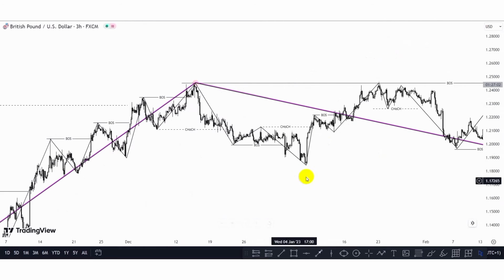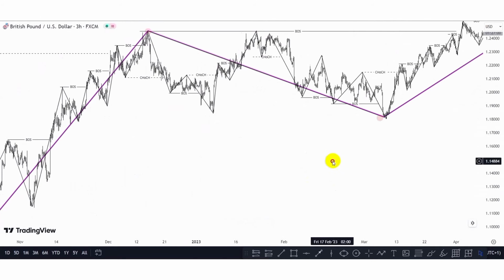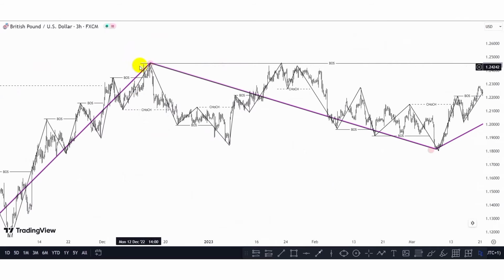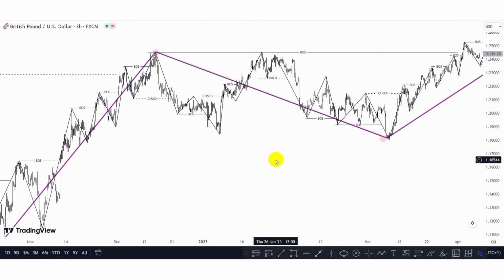So now you can see in the corrective leg move, what do we have? The bearish market condition. Now price broke the structure, but then price returned and took out this swing low point. You must understand how to establish your major directional bias, and then how to also establish the minor directional bias, the minor market structure, and how to trade off the minor market structure in alignment to the major market structure.